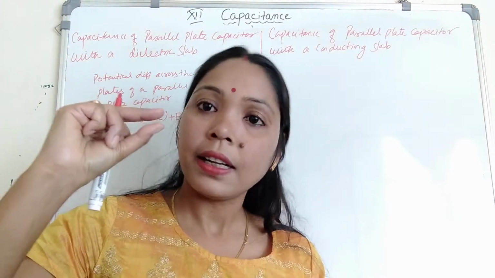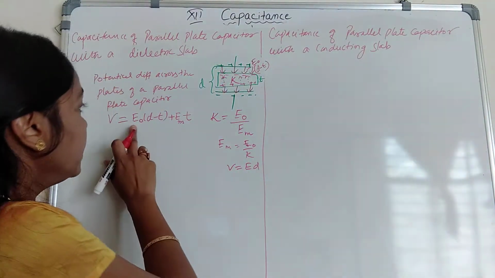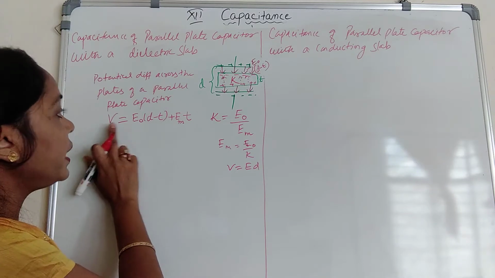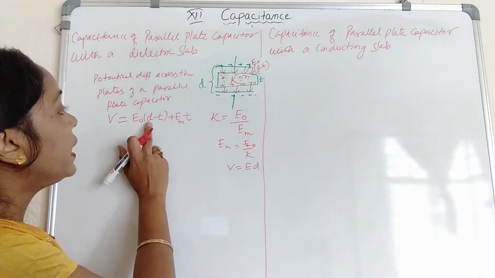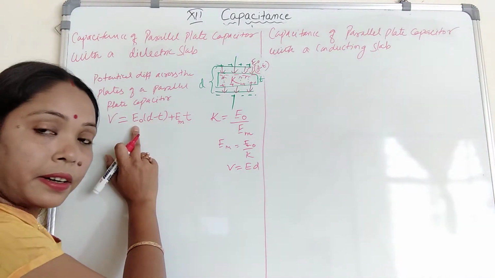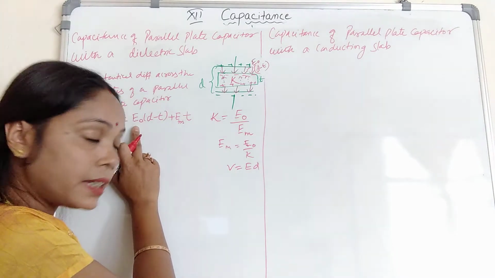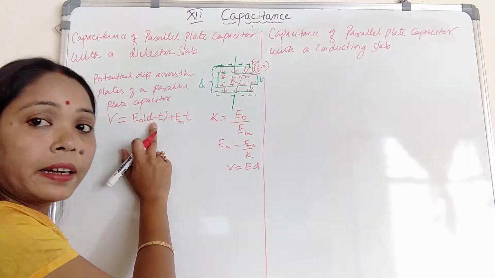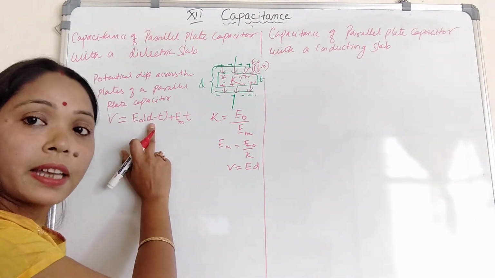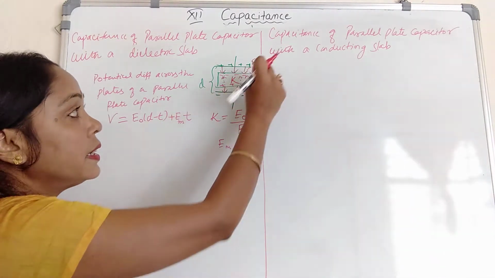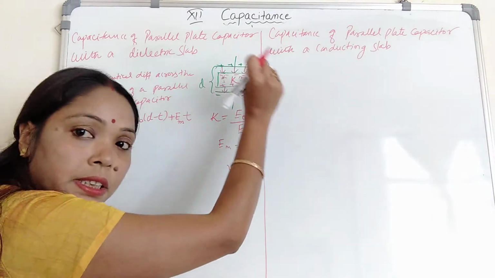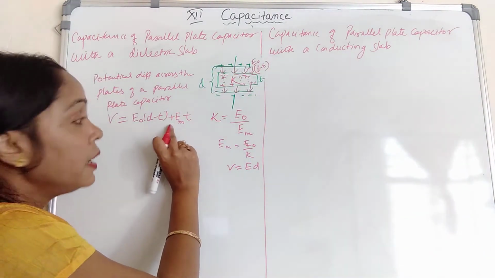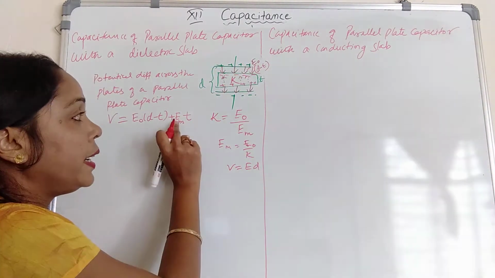So just see again, V is equal to E_0 (d minus t), where E_0 means the electric field when air or vacuum is present, and the distance where the air is present is d minus t, plus E_m into t.